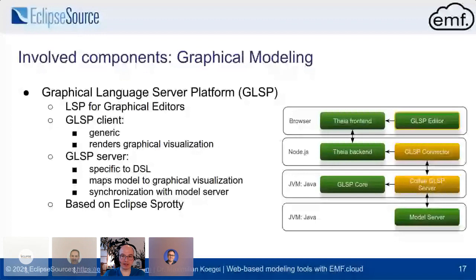So if we run through an entire change cycle, if you open up the GLSP editor, it goes to the connector. The connector launches a GLSP server if none is running for that particular file yet. The GLSP server in turn will go to the model server and fetch the particular model. And the GLSP server will also register at the model server for any changes.